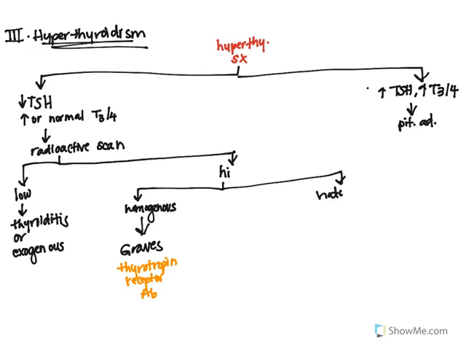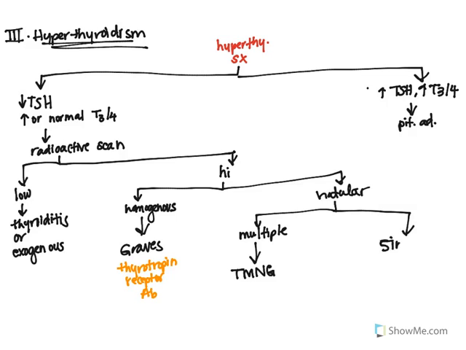The alternative on a high radioactive scan is a nodular pattern. This can be further subdivided into a scan with multiple nodules, in which case you're looking at toxic multinodular goiter, or a single area of nodular uptake, in which case you're looking at a toxic adenoma.